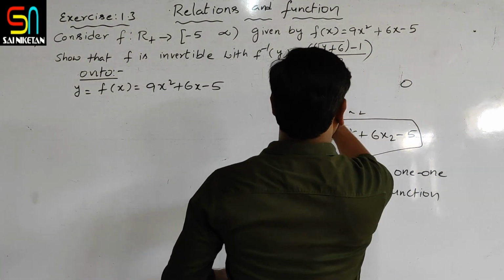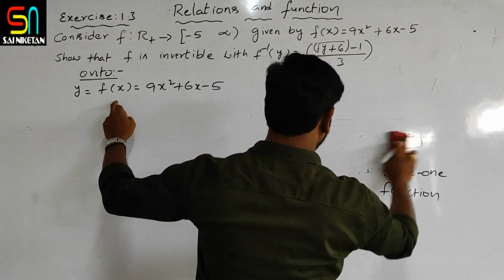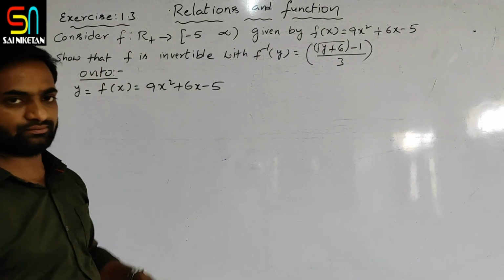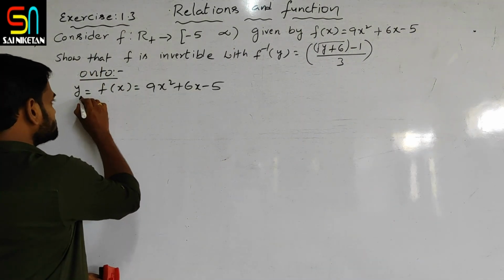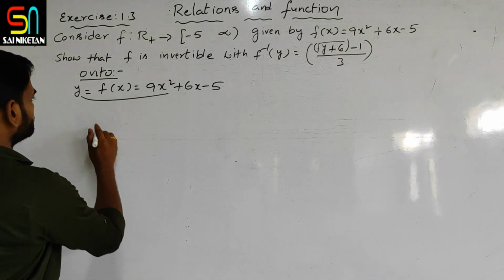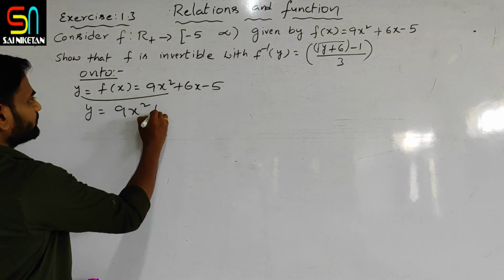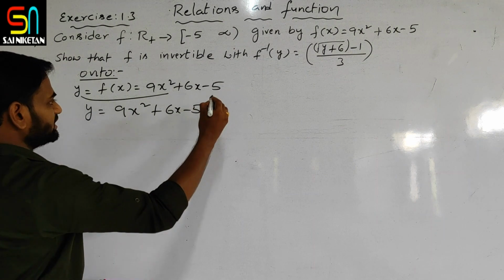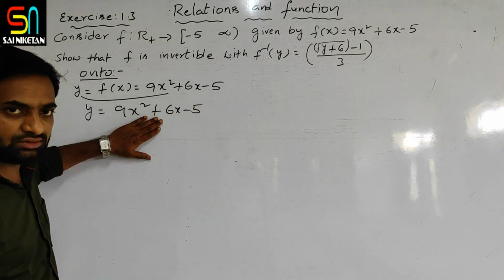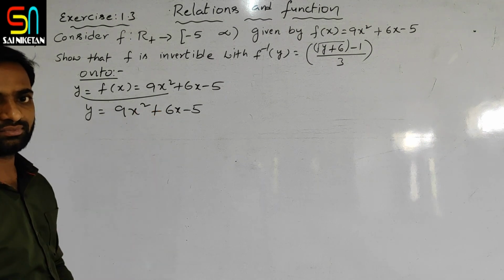Here there are three terms: y, f of x, and 9x square plus 6x minus 5. Out of three terms, take these two terms. It is y equal to 9x square plus 6x minus 5. Now, from this expression, we have to find the x value in terms of y.